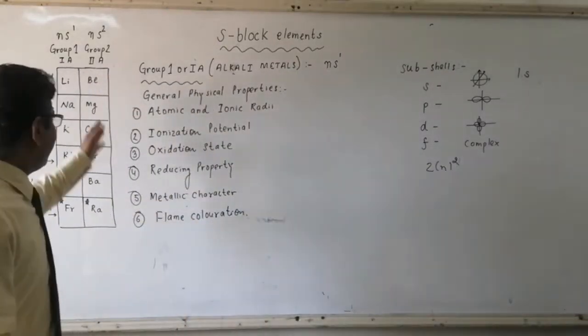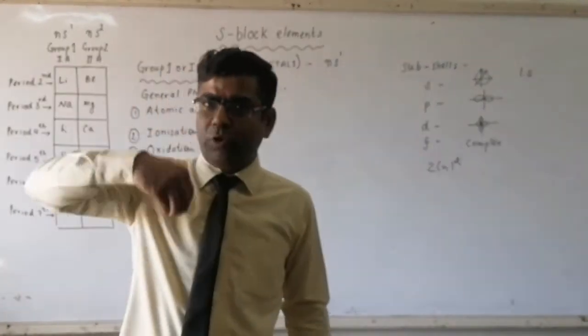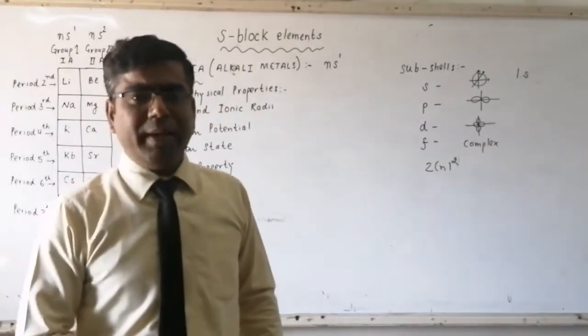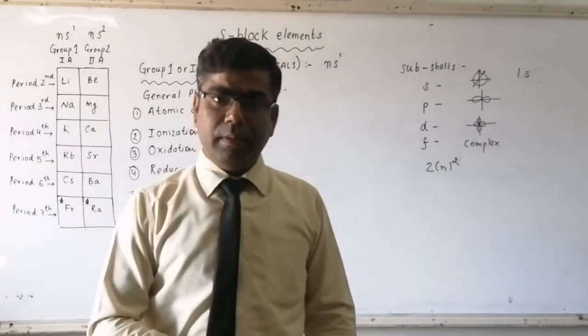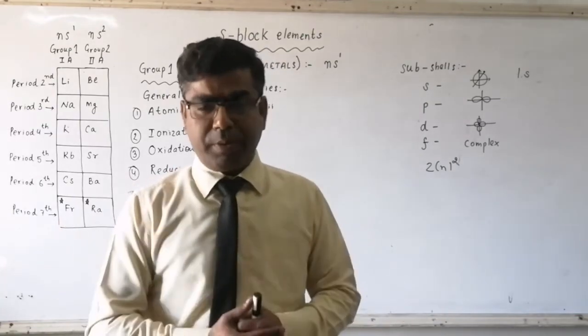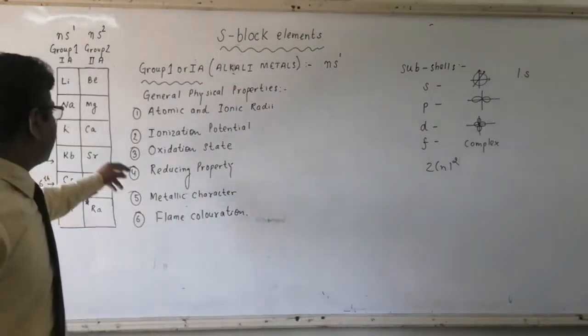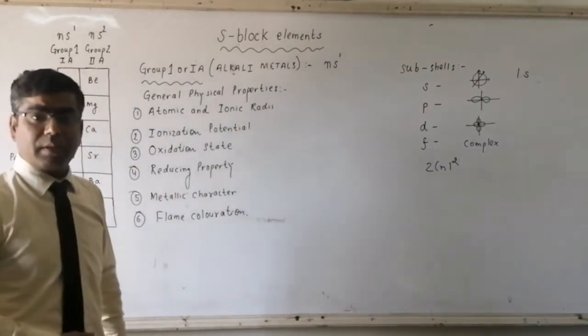Now, if we move down in a group, what happens? If we move from period second to period number third, there is progressive addition of energy level. Shells are added. Valence shell changed. Here it is the second energy level as valence shell, and here it is the third energy level as the valence shell.